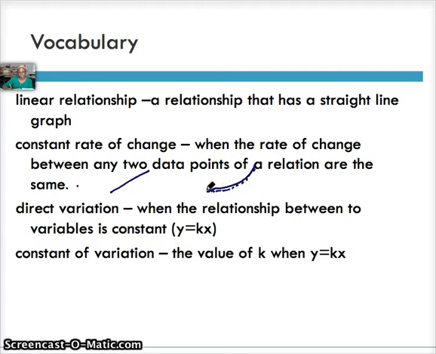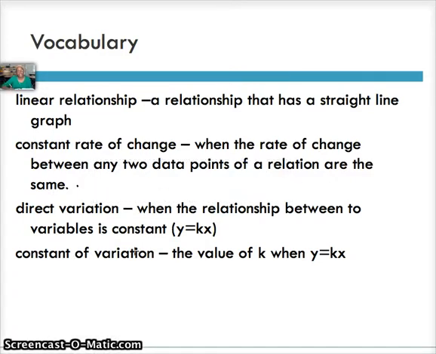So the rate of change between these 2 points will be different than the rate of change between this point and this point, because the change in y over change in x is going to be a different ratio. So constant rate of change is what we have when we have a straight line.